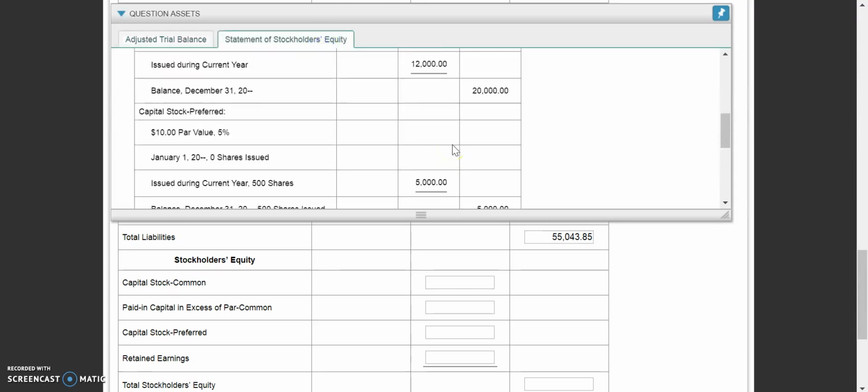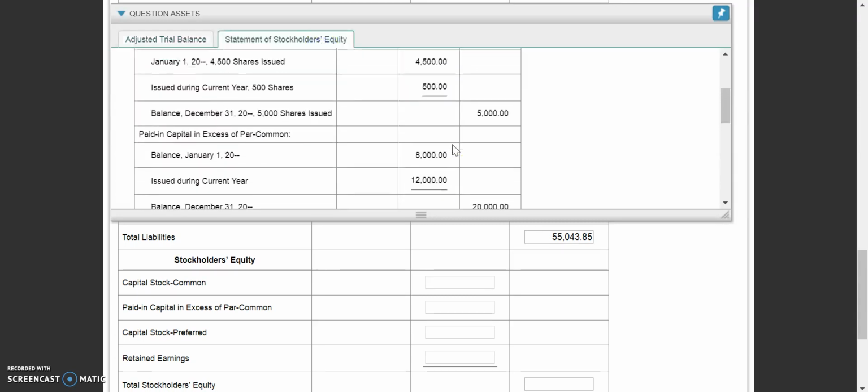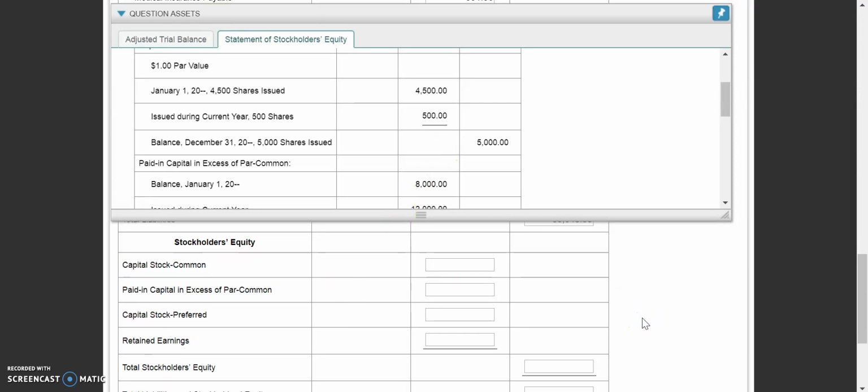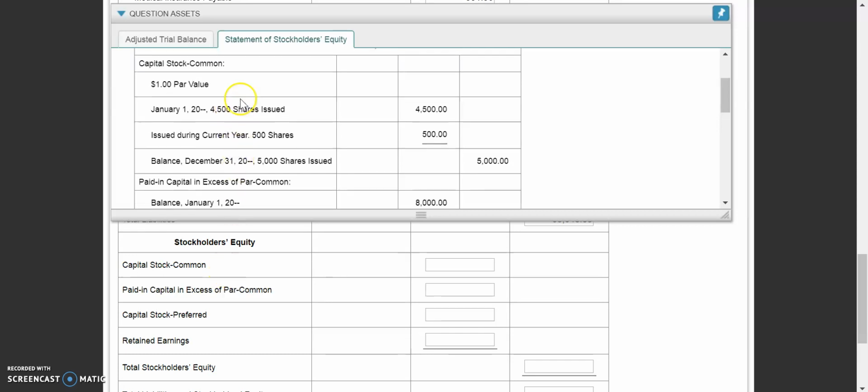Now we get into our stockholders' equity, and we'll probably need to transition over to look at our statement of stockholders' equity, so you have everything, all the up-to-date balances here. So our current value of capital stock common here is, if we look under here, here's capital stock common, and here's our balance on the last day of the year, 5,000. So we're going to plug 5,000 in here. Then we also have our paid-in capital in excess of par common.